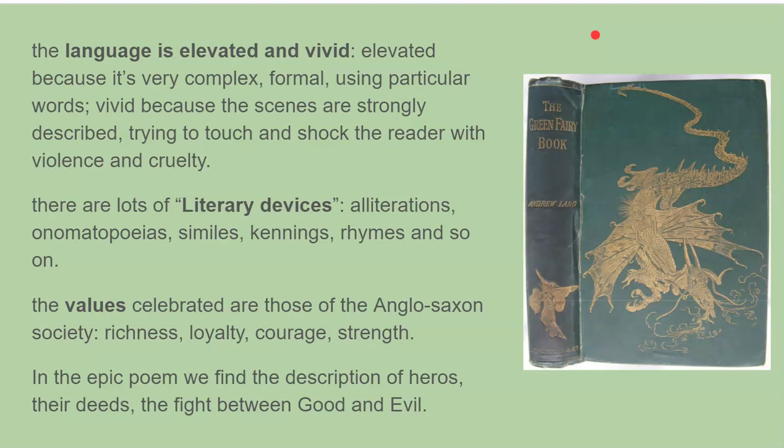For example, richness and loyalty, which was really important, courage, strength, and in the epic poem we also find a description of the hero or heroes, their deeds, and there is a constant fight between good and evil. This contraposition is typical of all the epic poems.